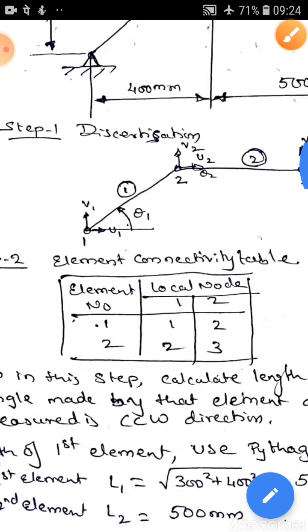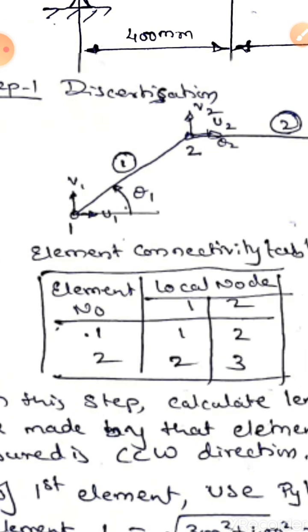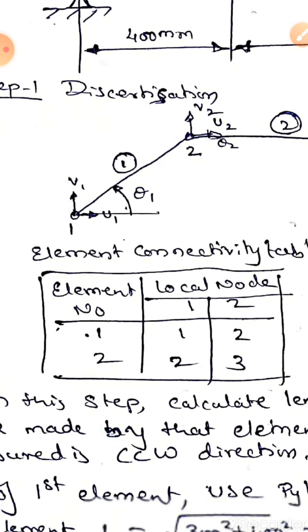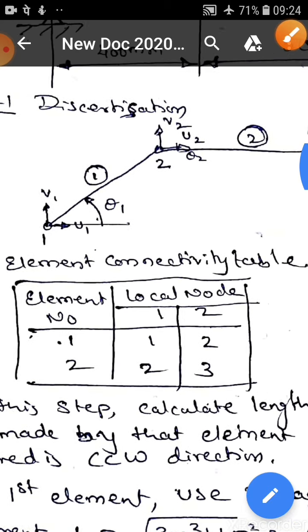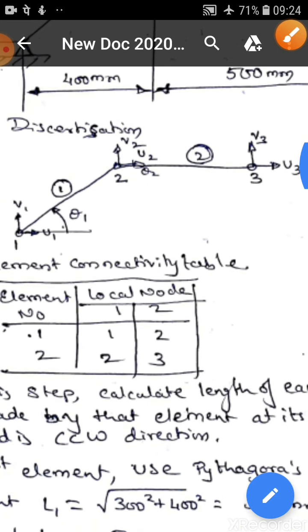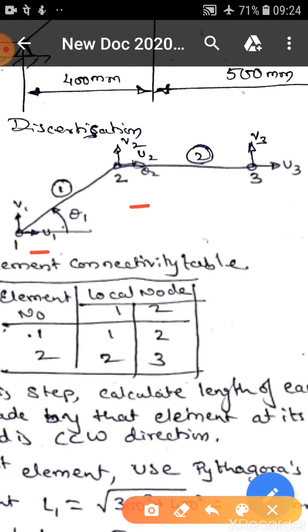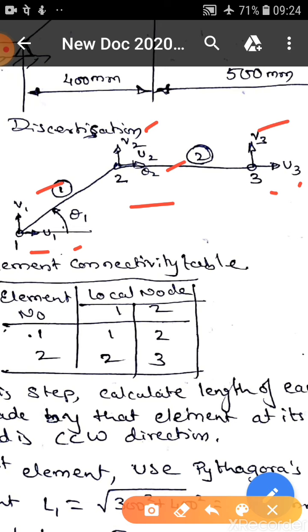I have just given you step 1, that is, discretization is done. This is my node 1, node 2, node 3. Node 1 has displacement u1, v1, node 2 has displacement u2, v2, and u3, v3 for node 3. The element connectivity table for elements 1 and 2 is written here; that is step 2.